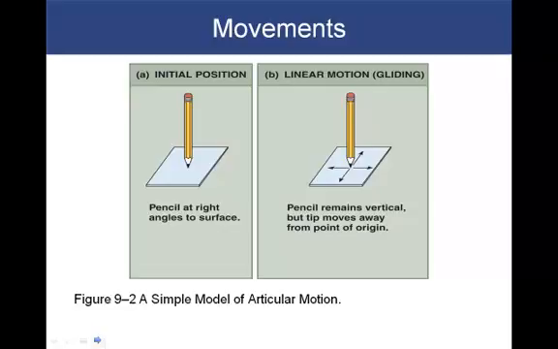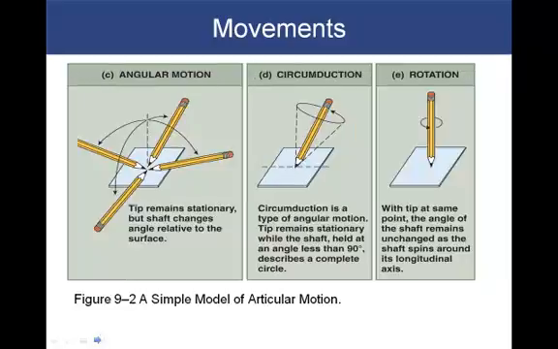And you can see here that the arrows are indicating both backwards and forwards versus side to side, if you will. Angular motion is when the tip remains stationary, but the shaft of the pencil changes the angle relative to the surface. This is an angular motion.